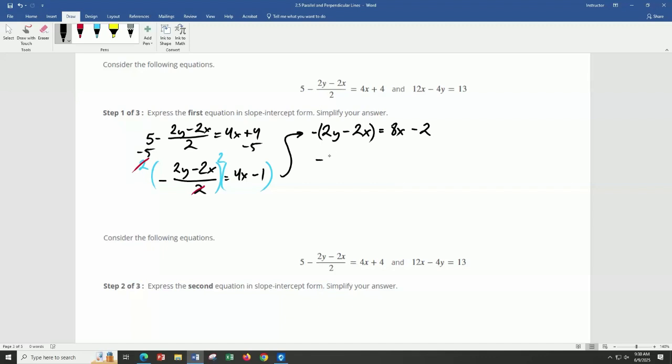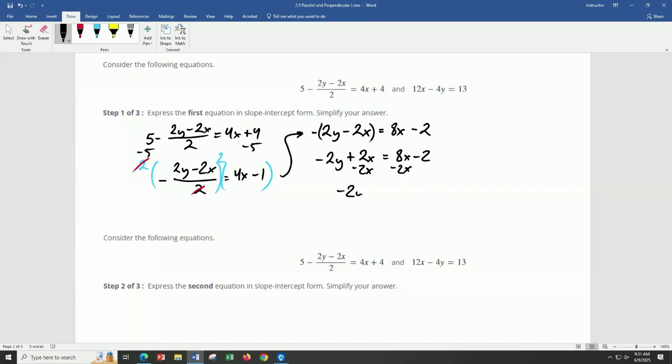So you come in here and you've got negative 2y plus 2x is equal to 8x minus 2. And now you can finish it up. That would be somewhere where you start getting those red bars, you wouldn't understand it real quick, and it would be something very simple. I'm going to subtract 2x from both sides.